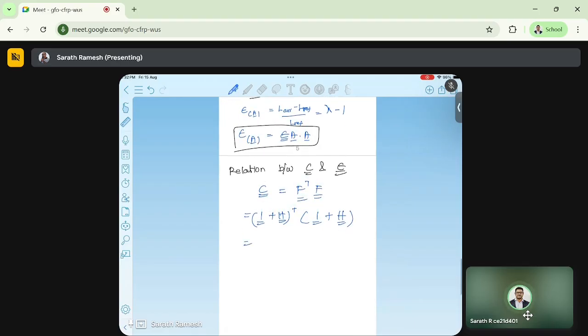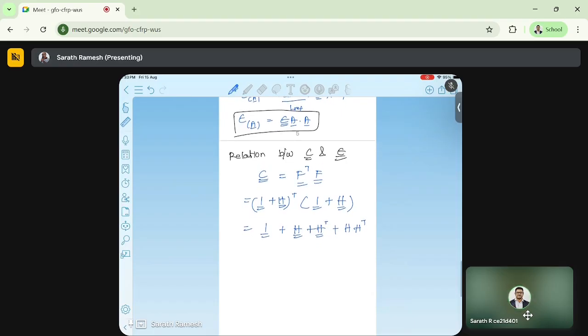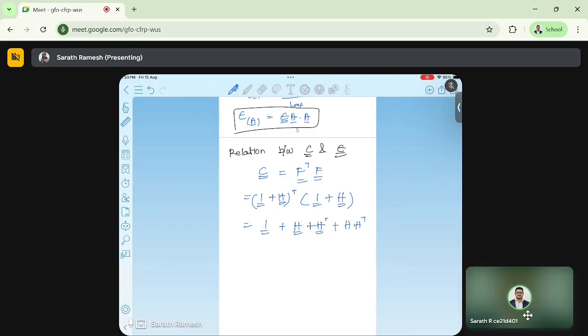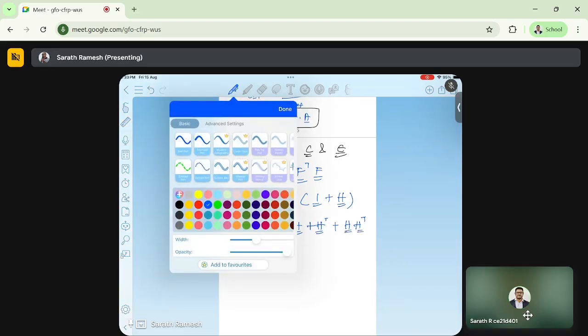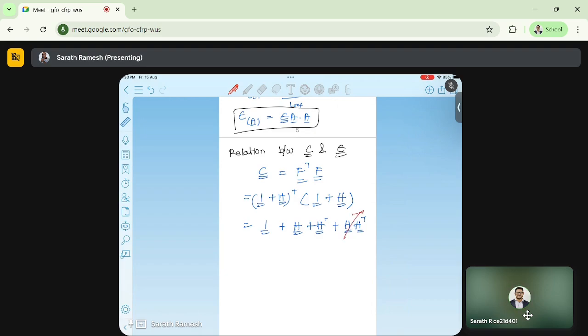Now when we multiply this, we'll get I plus H plus H transpose plus H transpose H. If we have a small deformation case, H is of the order 10 power minus 3, so this H transpose H term we can simply neglect to 0 for small deformations.